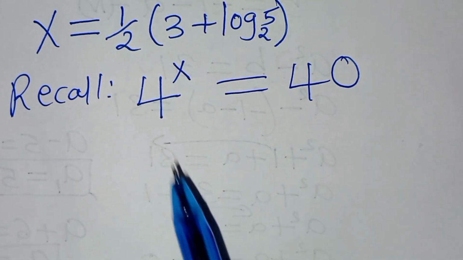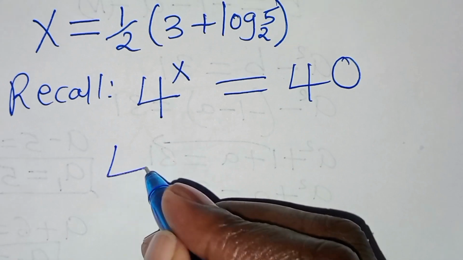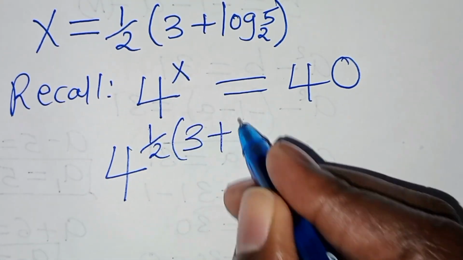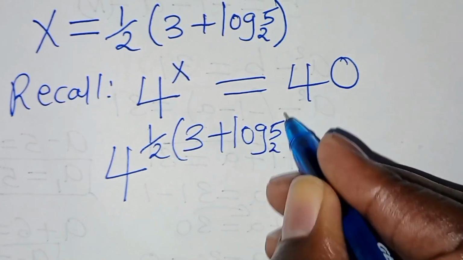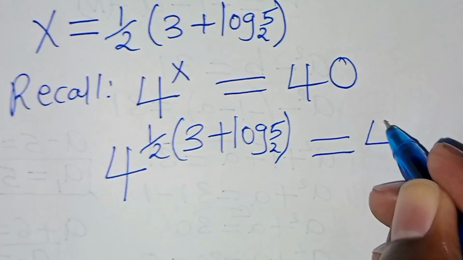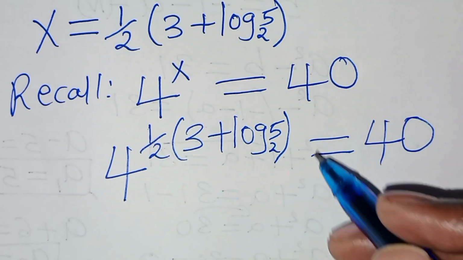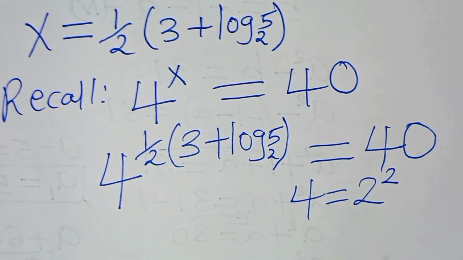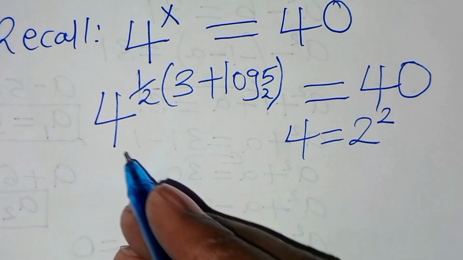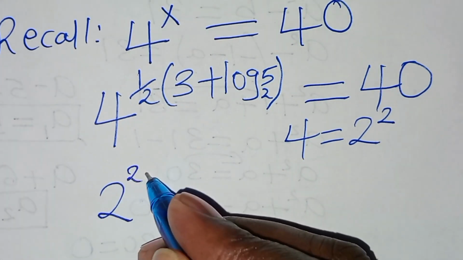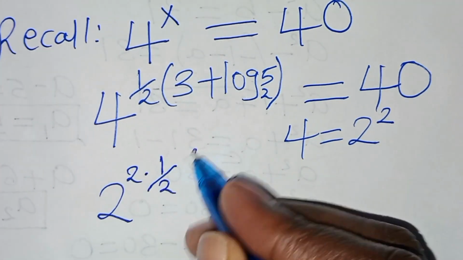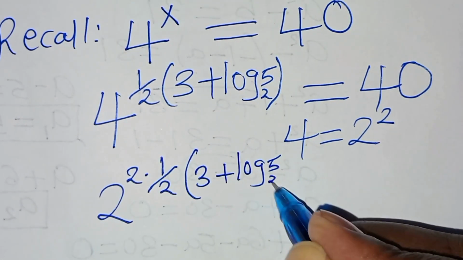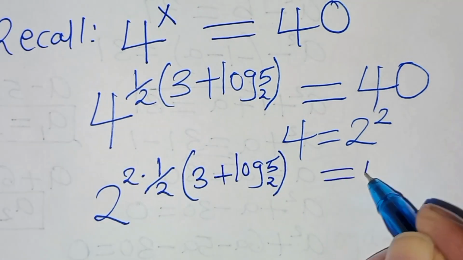So let's substitute the value of x so that we'll have 4 to power half into the bracket 3 plus log 5 to base 2. This is supposed to give us a value of 40. Now, from here, we can express 4 as 2 to power 2. So let's substitute so that we'll have 2 to power 2 times half into the parentheses 3 plus log 5 to base 2. This should give us a value of 40.